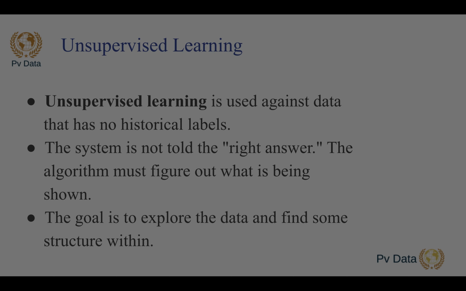And now let's see what unsupervised learning is. It's used against data that has no historical labels; we only have features. Features represent a number of input fields which we use to predict the data. The system is not told the right answer; the algorithm must figure out what is being shown. The goal is to explore the data and find some structure within it.